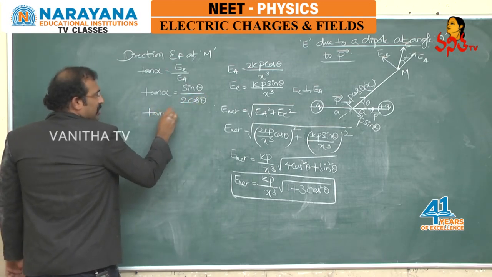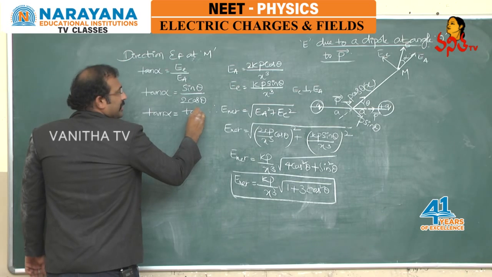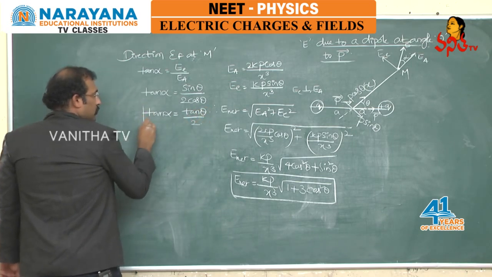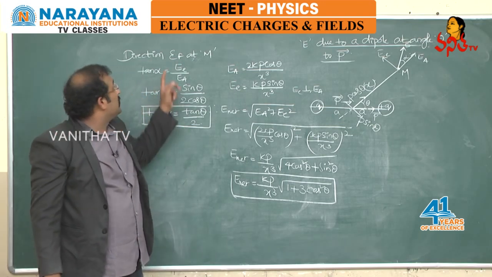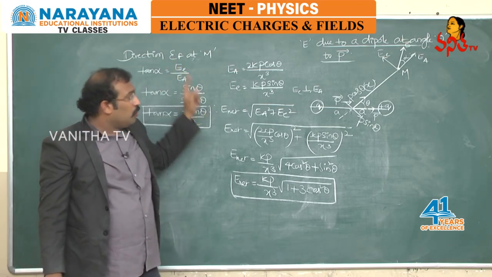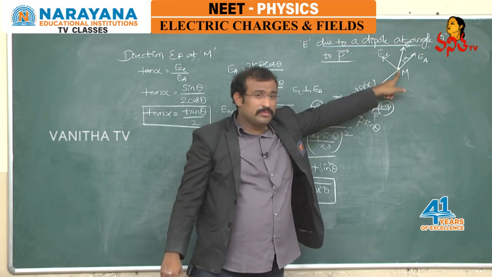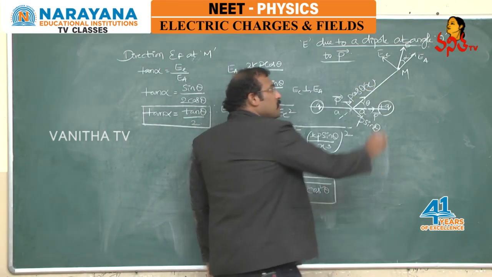So tan alpha is equal to tan theta by 2. This is the angle made by the resultant electric field with the position vector.